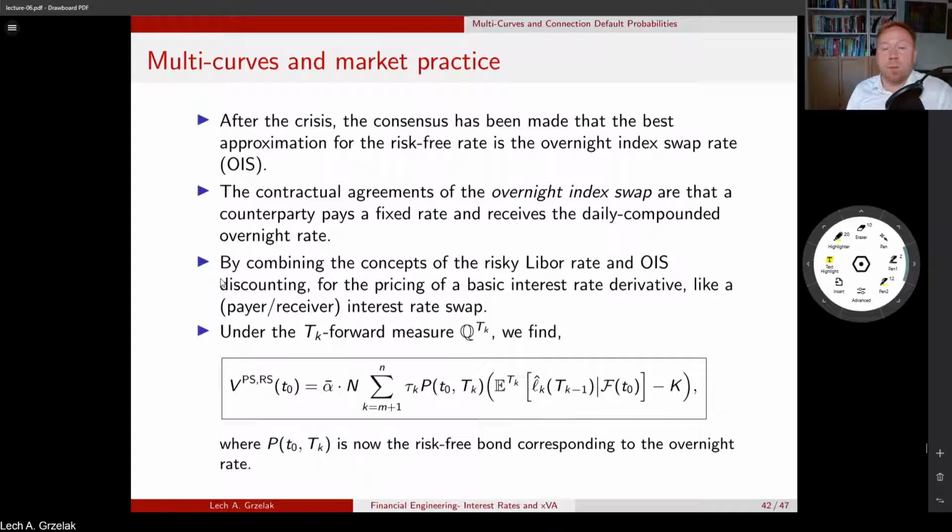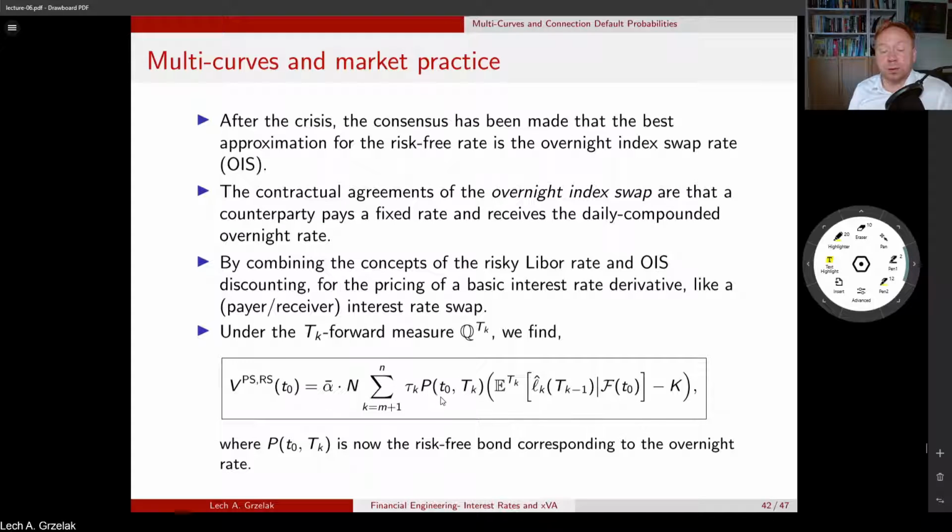Okay, so now by combining the concepts of risky LIBOR and the rate of OIS, this overnight swap, the pricing of a basic instrument, like interest rate swaps, can be done in the following way. We have a summation, so this part corresponds to the payer or receiver. We have notional, we have discounting, so it's a sum over all these future cash flows.